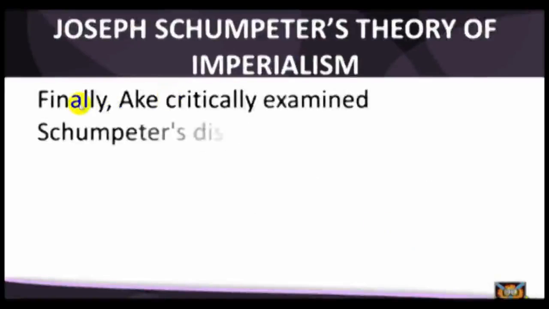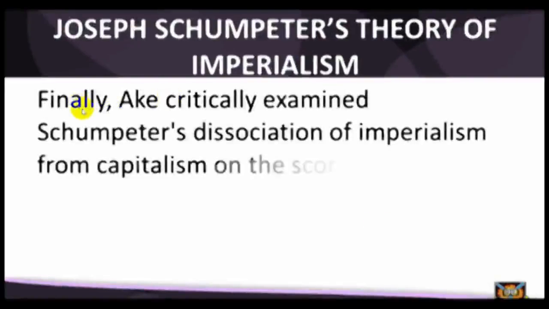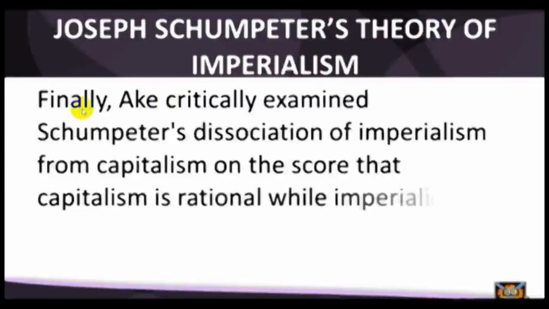Finally, on that aspect, Ake critically examines Schumpeter's dissociation of imperialism from capitalism on the score that capitalism is rational while imperialism is irrational, and counters that one of the interesting things about capitalism is that it looks so rational from the perspective of the whole system.